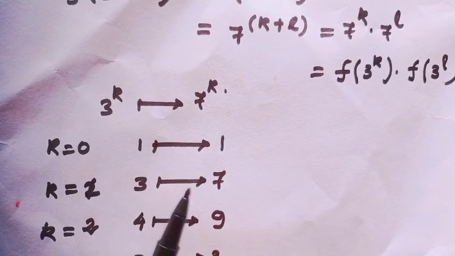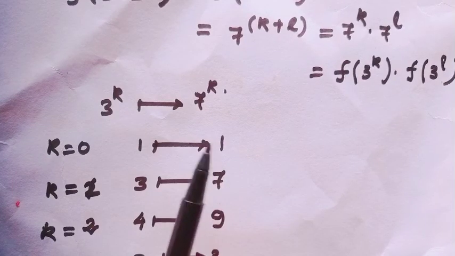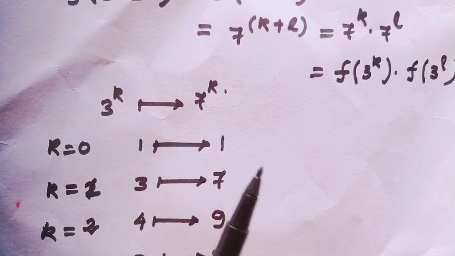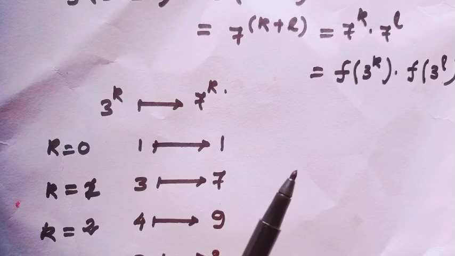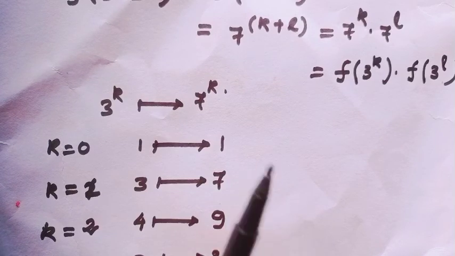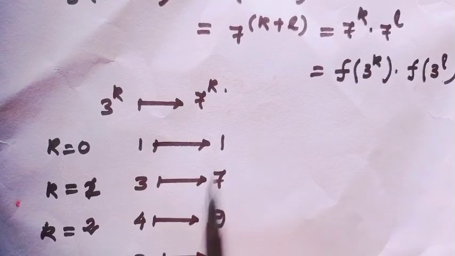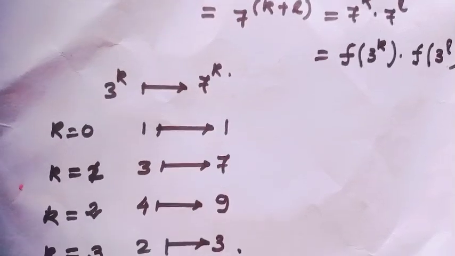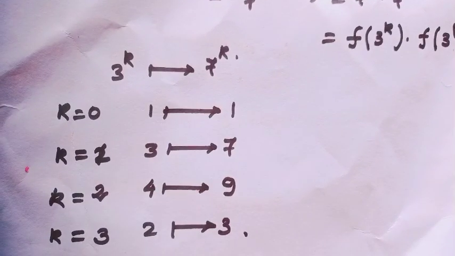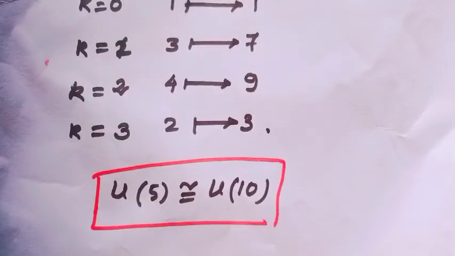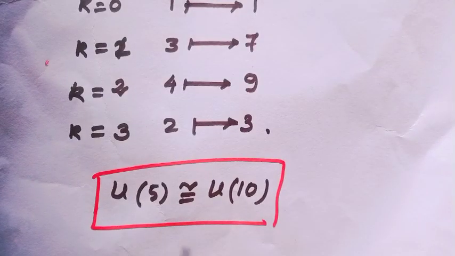Look, every element of the domain sends to a different element of the codomain. So this is a one-one function. And every element of the codomain is the image of an element of U5. So this function is both one-one and onto. So U5 is isomorphic to U10.